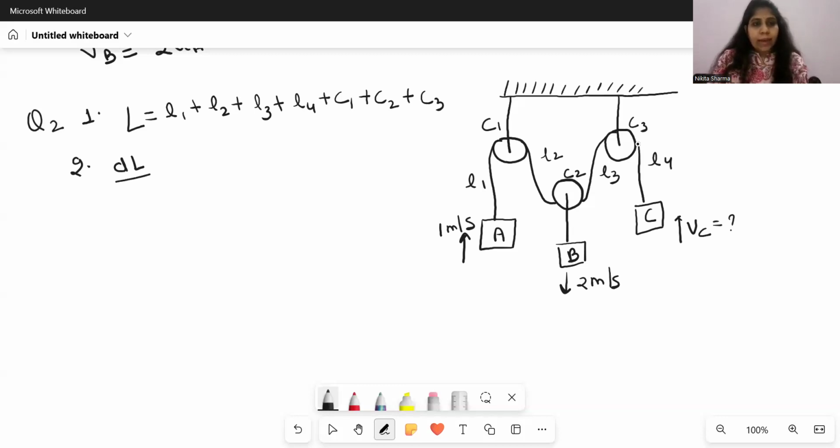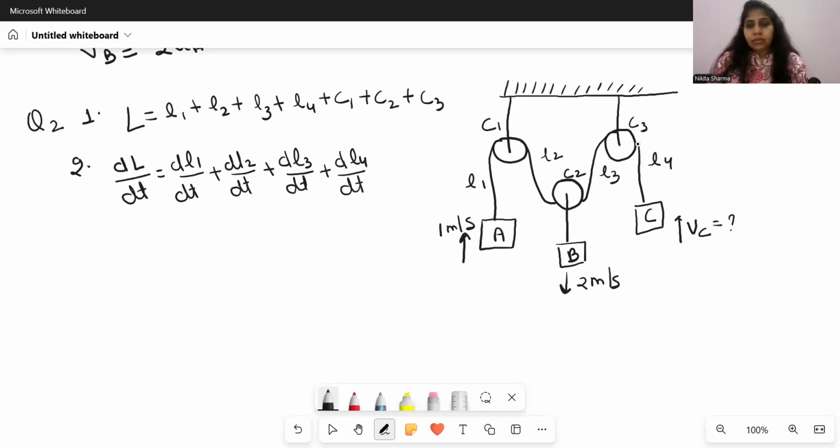So that will be dl by dt is equals to dl1 by dt plus dl2 by dt plus dl3 by dt plus dl4 by dt plus dc1 by dt plus dc2 by dt plus dc3 by dt. Step number 2 is clear.